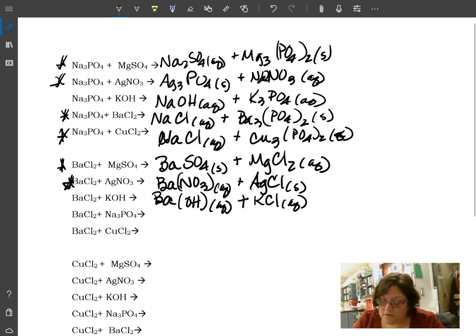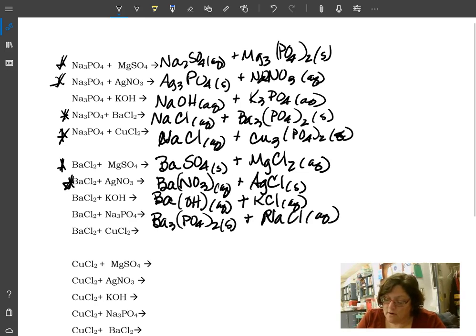So there'll be no reaction for that one. Barium phosphate will precipitate, because phosphates almost always do, and sodium chloride will be the spectator ions. Barium chloride and copper 2 chloride will stay in solution, they just switch places and nothing happens.